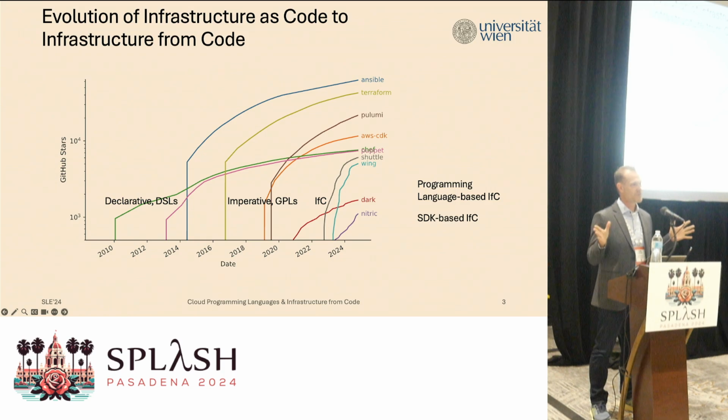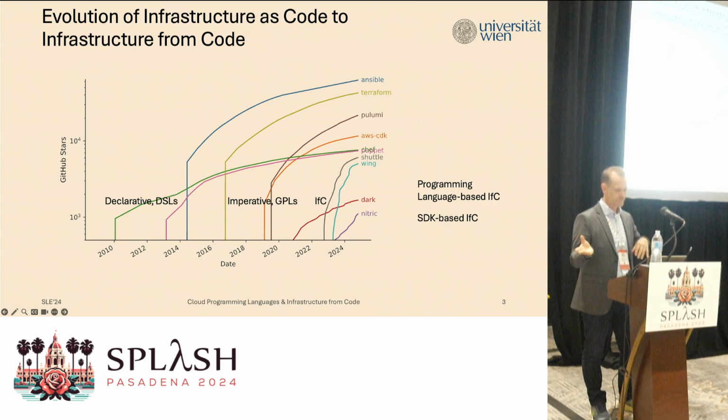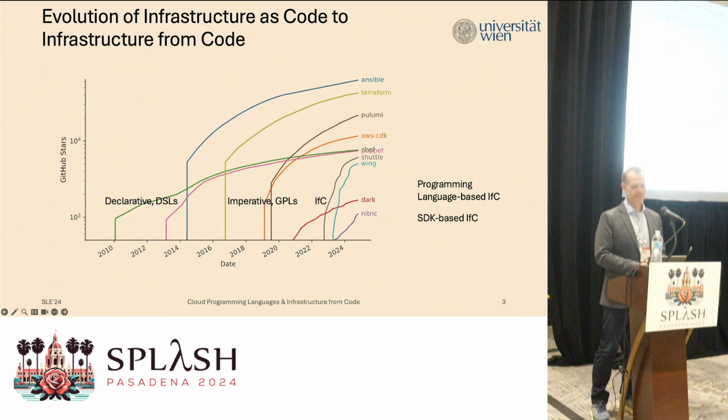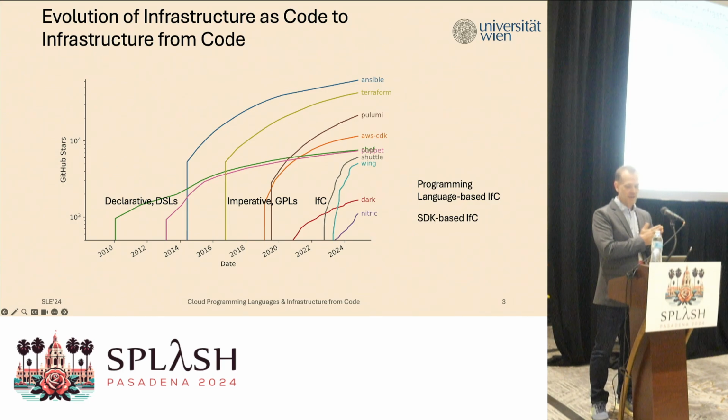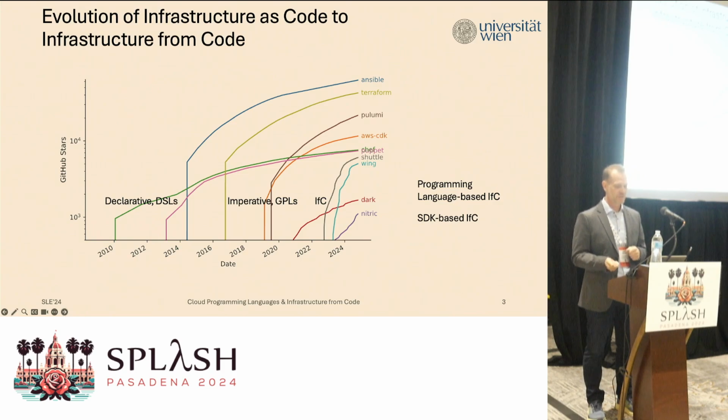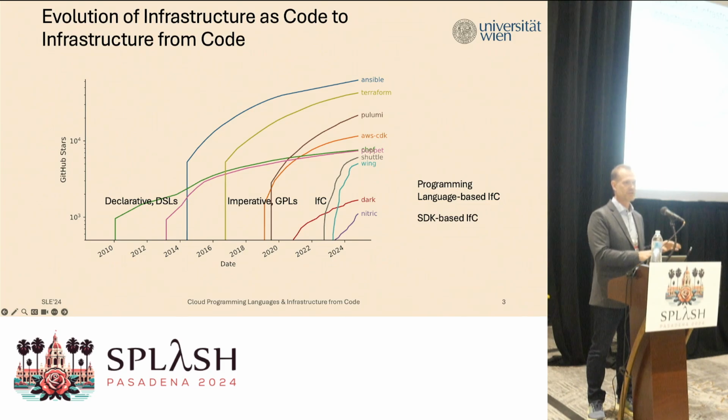This also had a huge impact on the divide between development and operation teams. Infrastructure from code tries to close this DevOps gap. Instead of separate infrastructure configurations and application code, it leaves only application code, and the infrastructure configurations are completely derived from code.